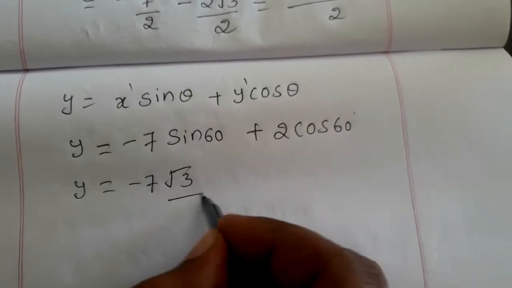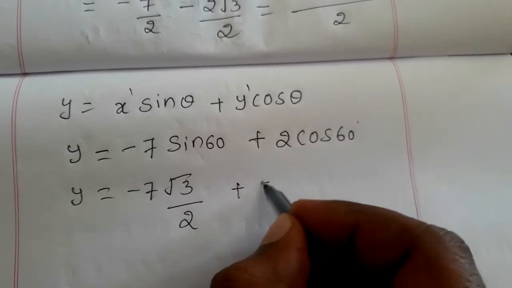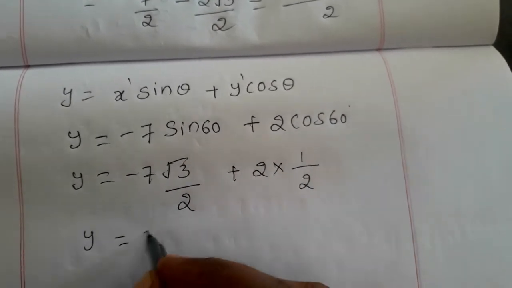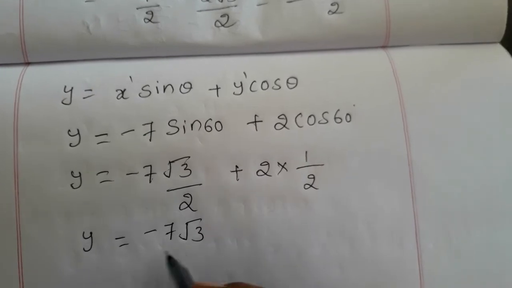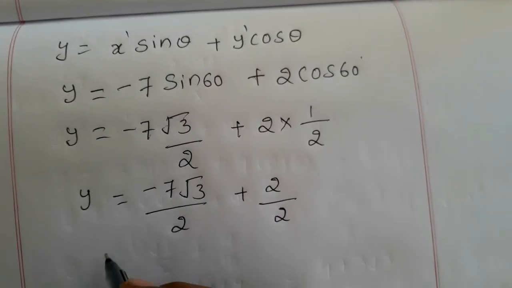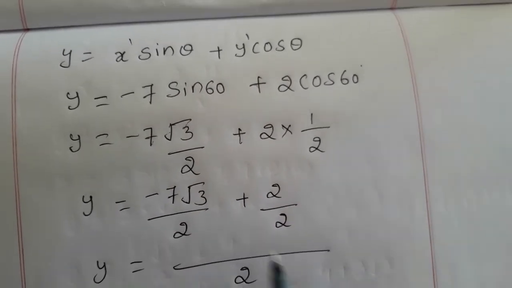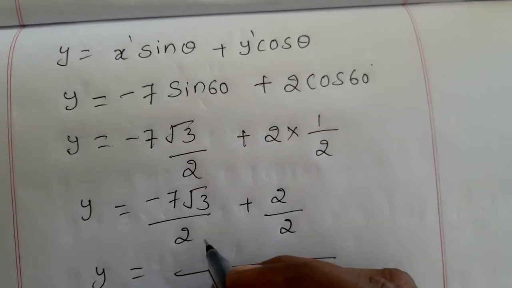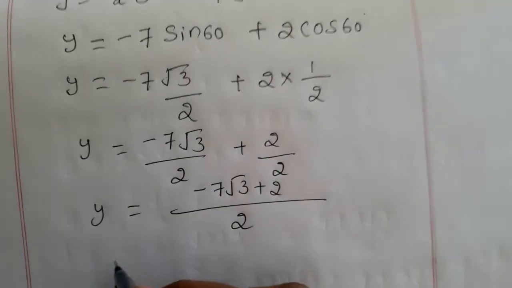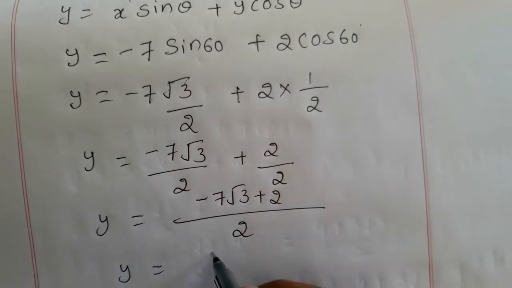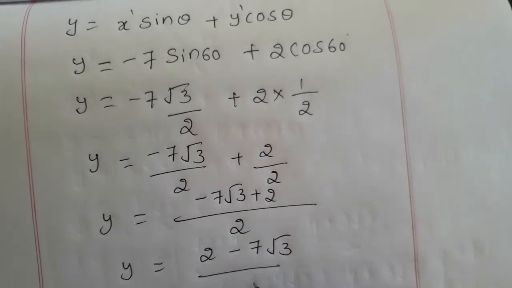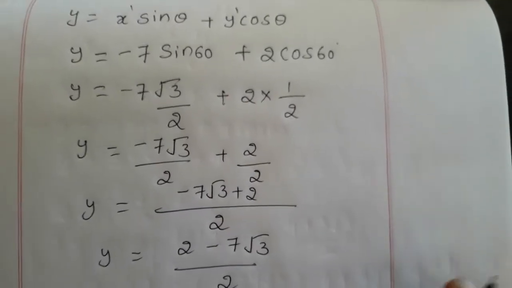Root 3 by 2, plus 2 times cos 60 is 1 by 2. So minus 7 times root 3 by 2, and 2 into 1 is nothing but 2 by 2. Both having the common denominator, take 2 as a common denominator, directly add the numerators: minus 7 times root 3 plus 2. So first you write rational number, next you write irrational number. So 2 minus 7 times root 3 by 2. This is the value of y.